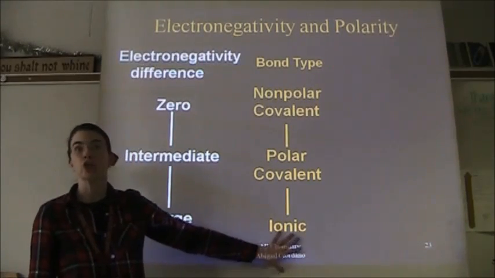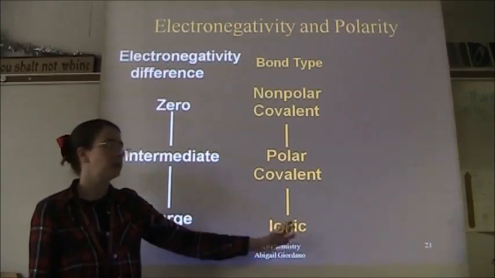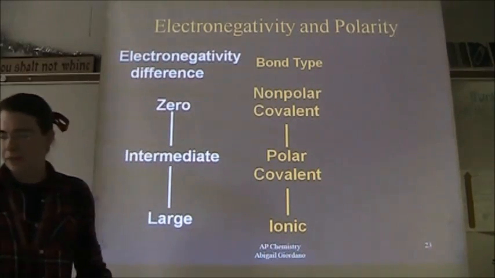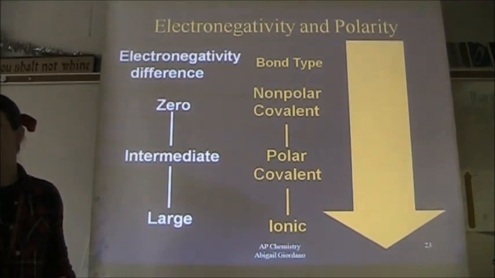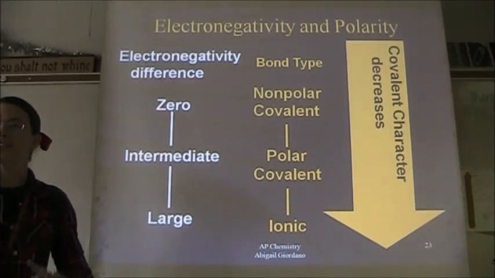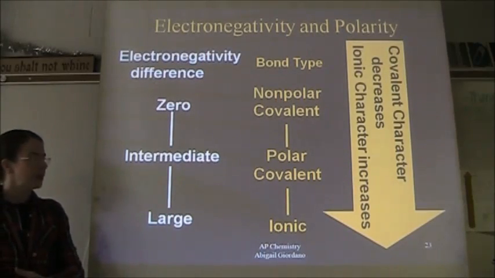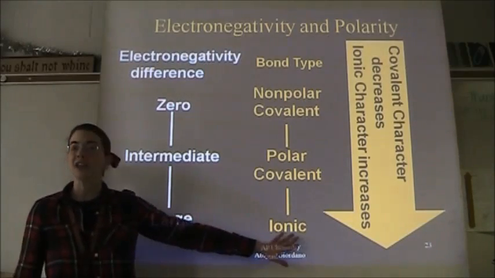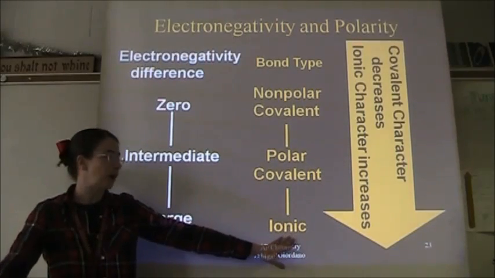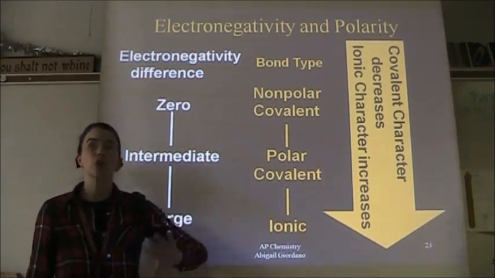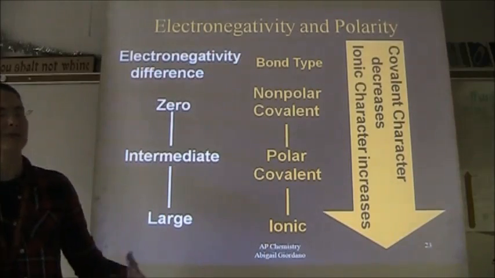Now, is it like a super duper ionic compound? Okay. We can talk about something called covalent character and ionic character. Aluminum chloride is for sure an ionic compound. Is it like a super duper ionic compound?